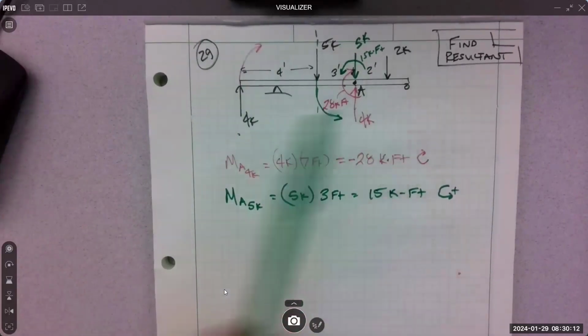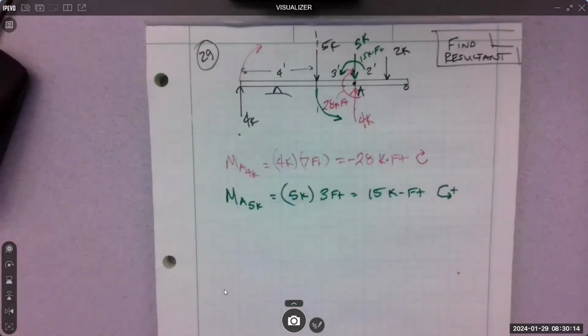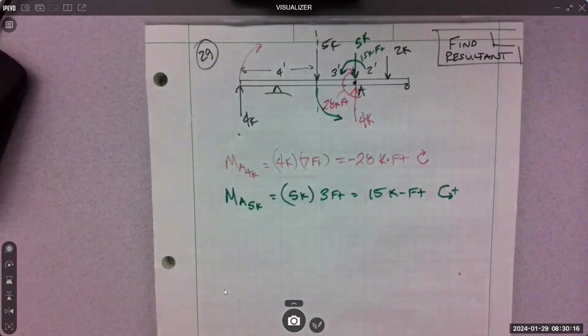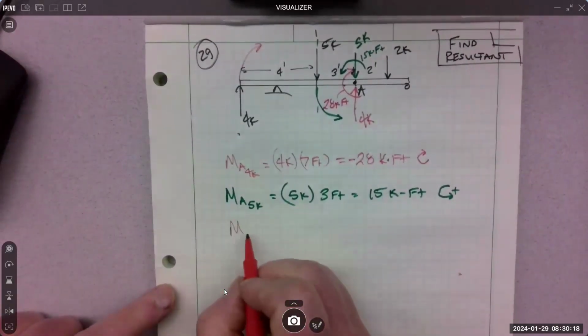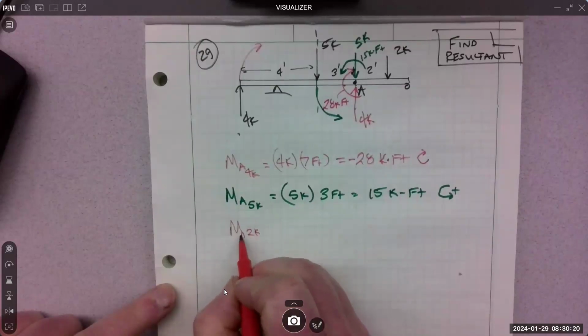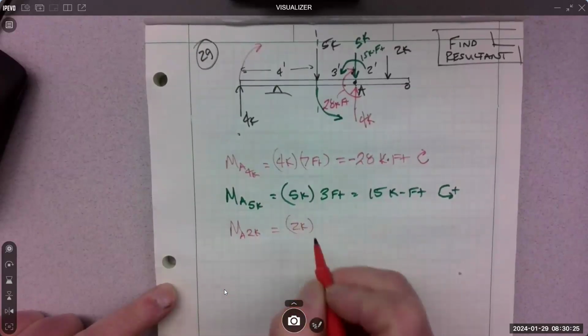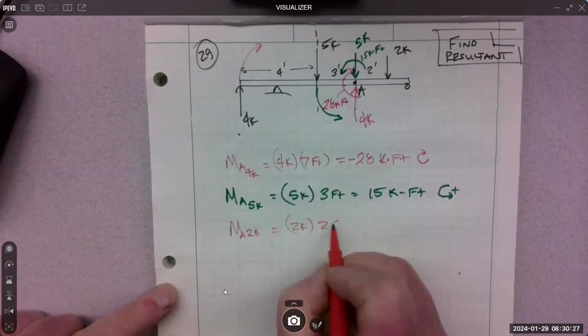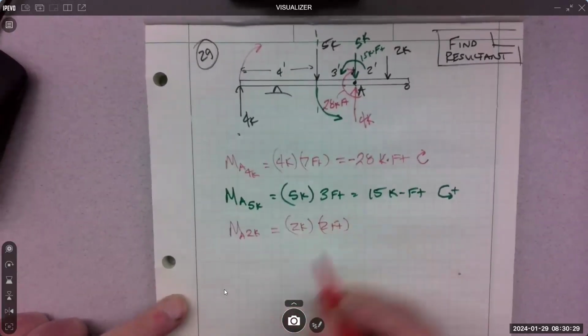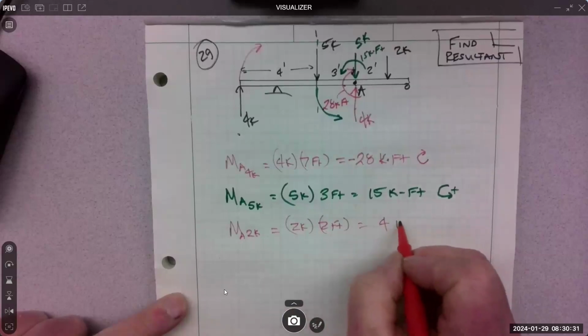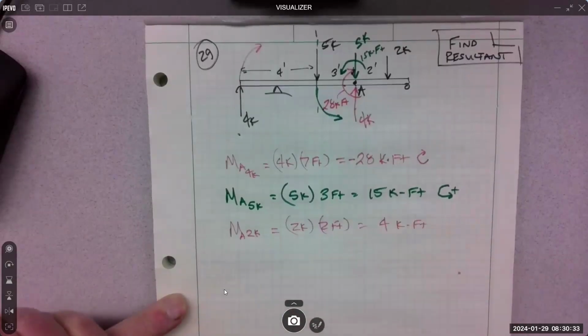We have now the 2K to do. I'm out of colors. I'll go back to red. Moment of the 2K about point A equals 2K times what? 2 feet. We're starting to get the rhythm of this. Equals 4 kip feet.